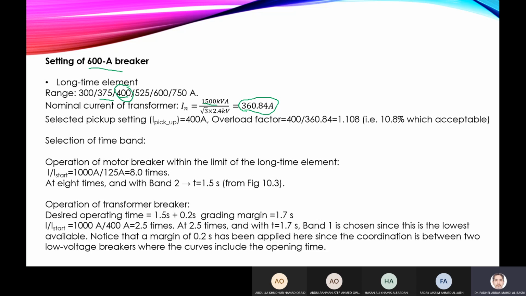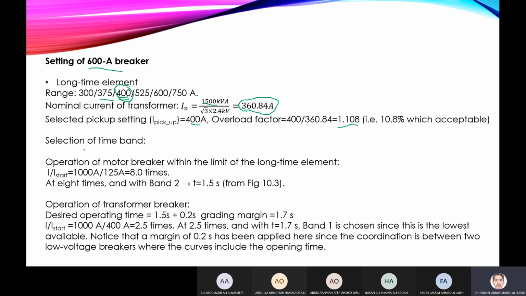For safety factor, I can put from 5% to 15% extra than full load as a pickup setting. So 400 ampere selected. If you divide it by the full load current, that represents 110.8%, 111%, which is higher than 105% and less than 115%.